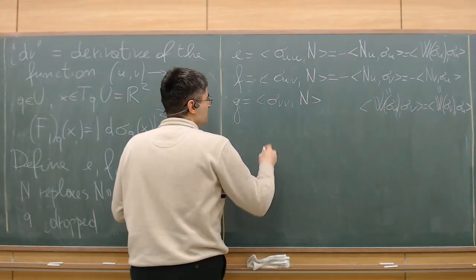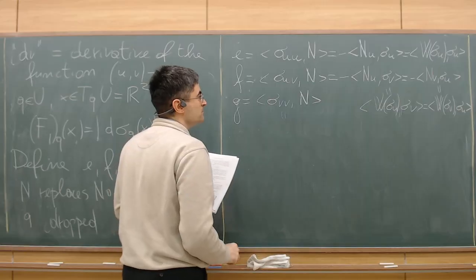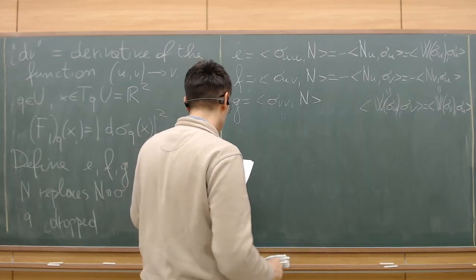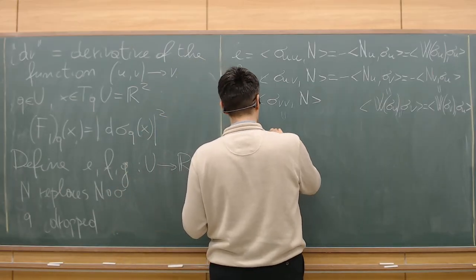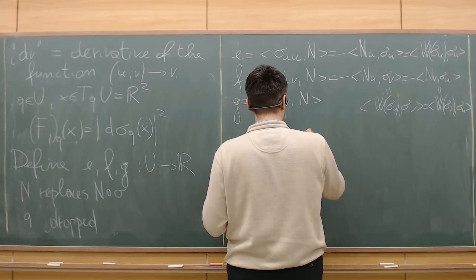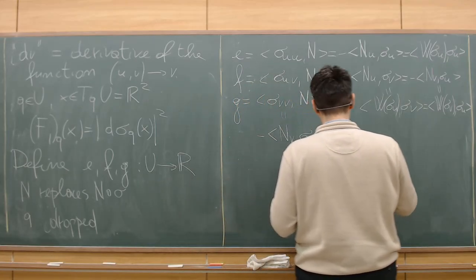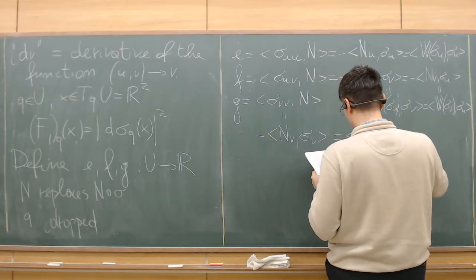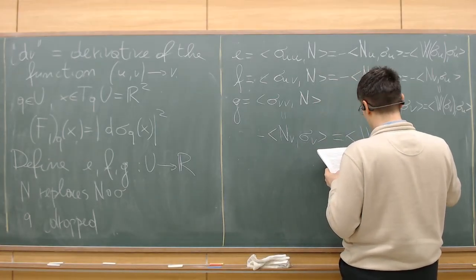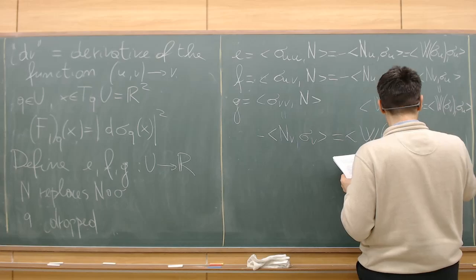And last, G is equal to minus the inner product of nv with sigma v, which is equal also to W sigma v multiplied by sigma v.